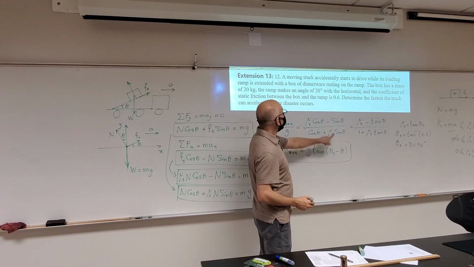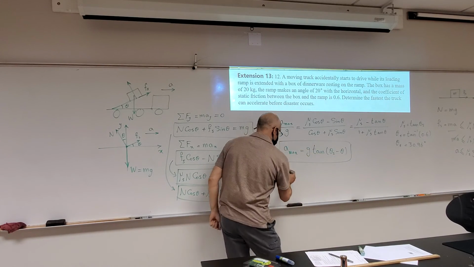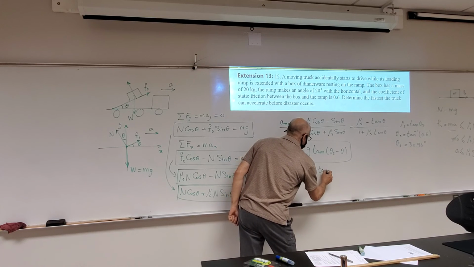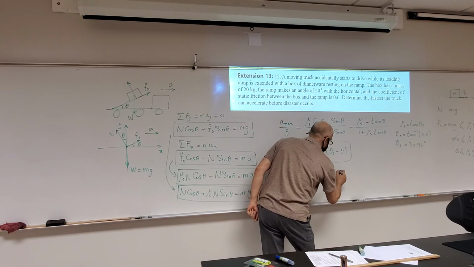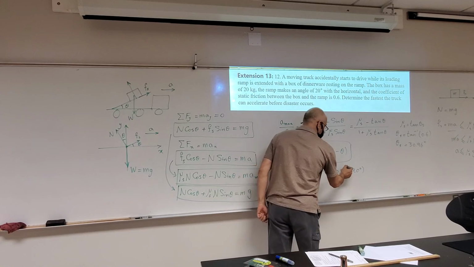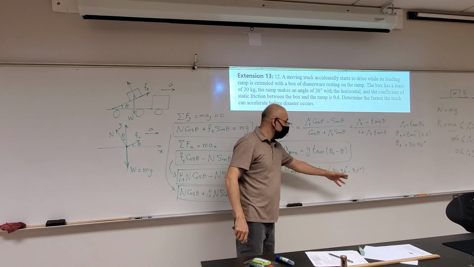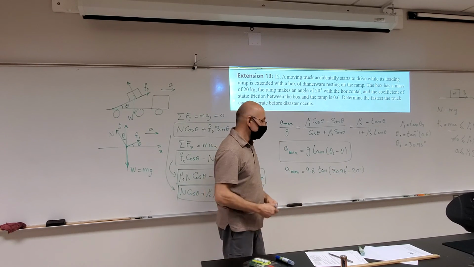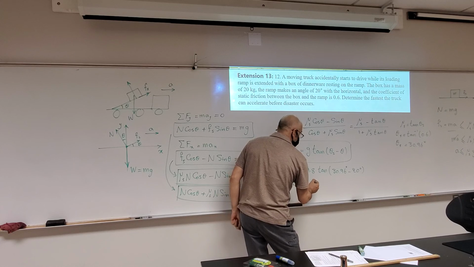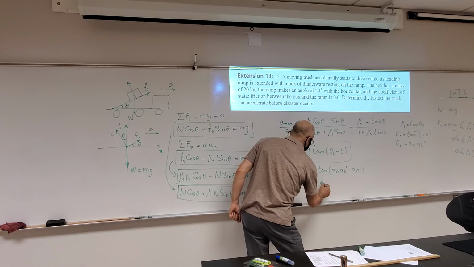And then theta is 20, right? So a max will be 9.8 times tangent of 30.96 minus 20, so that's about 10.96 degrees, right? Which gives 1.89. So the maximum acceleration that the truck can have without the box slipping is 1.89 meters per second squared.